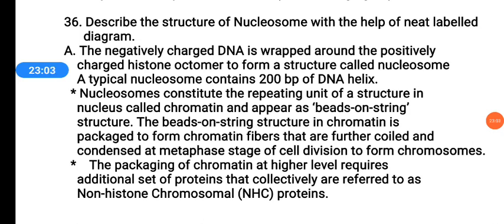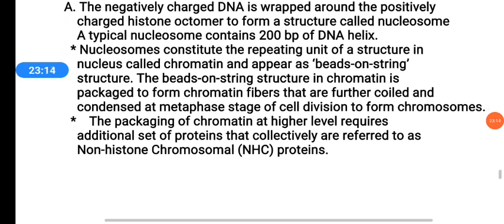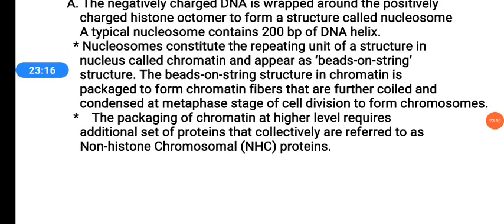So these beads-on-string like structures become chromatin, which is further condensed to form a chromosome during metaphase. The packaging of chromatin at a higher level requires an additional set of proteins that are collectively referred to as non-histone chromosomal proteins, NHC proteins.